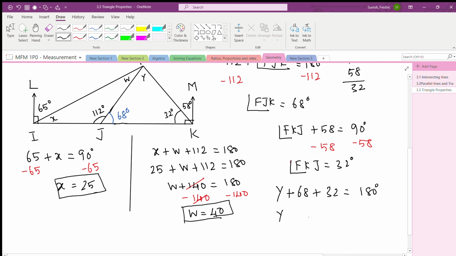So adding these two numbers up, 68 plus 32, that is 100. So we have 180 here. To find the y, subtract 100, cancel, cancel. And what we have now is y equals 80 degrees. Okay. See you in the next video.